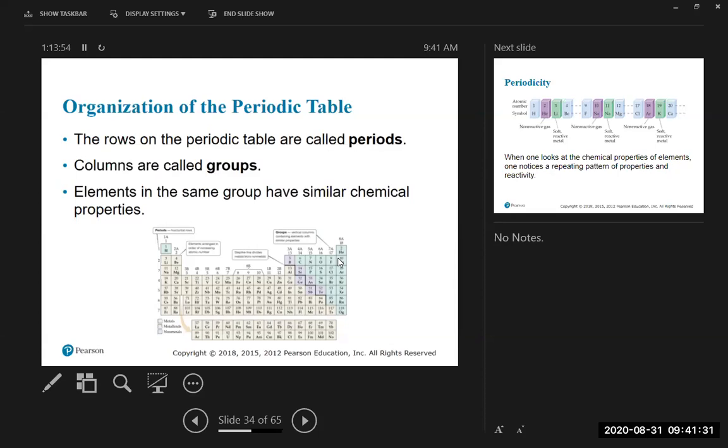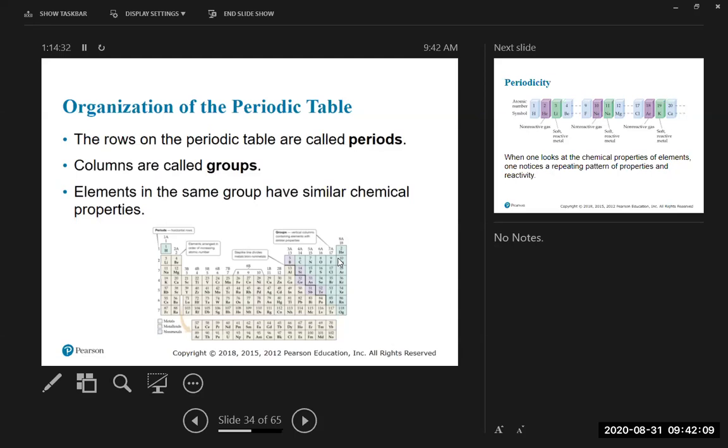Elements in the same group, in other words, elements in the same column, tend to have similar chemical properties. If we look at lithium, sodium, potassium, that 1A group, those all behave very similarly. One of the nice things about the periodic table is we can get information about ionization and various chemical properties just by looking at the table and seeing what group they're in.